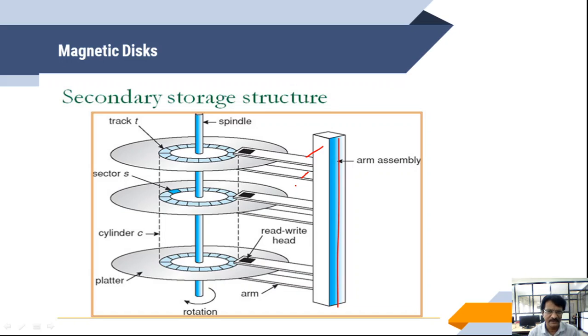We are going to discuss what a track is, what a sector is, what a cylinder is, how the cylinder is formed, what a platter is, and the read-write heads and other parts.